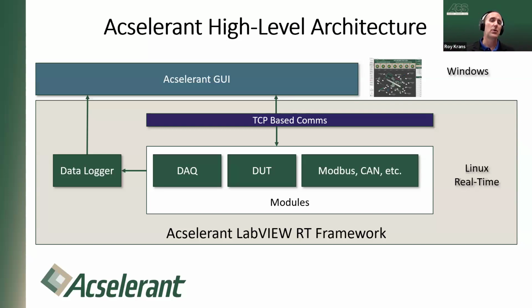On the real-time controller, we have what we call various modules, and those modules are drivers, communication buses, machine logic, pretty much whatever selection we want to put together to build a particular system, all in a standard modular framework.